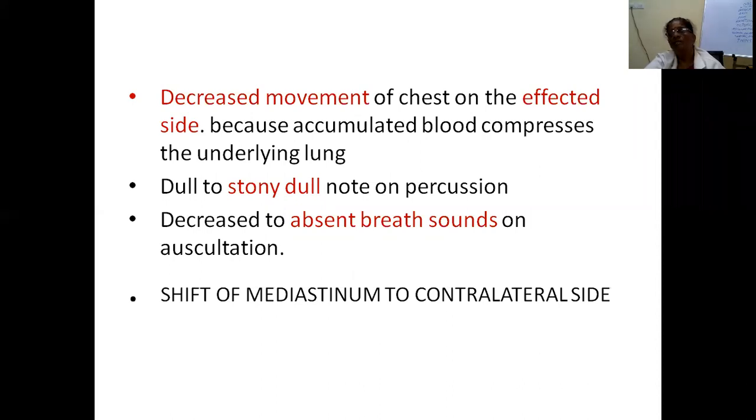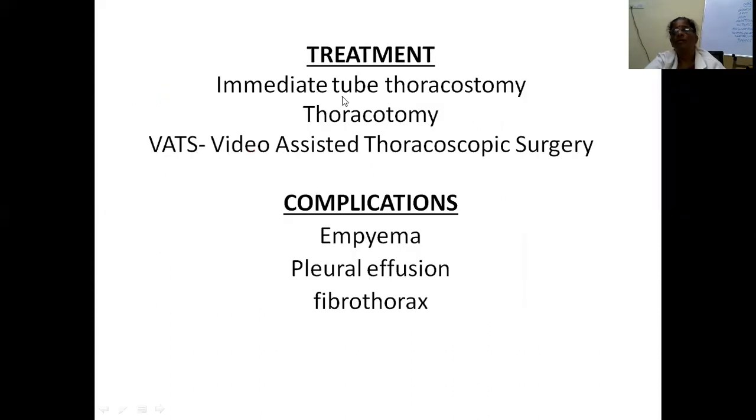So there will be decreased movement of the chest on the affected side. There is a stony dull note on percussion, and there will be absent air entry. Shift of mediastinum to the contralateral side also may occur because of the accumulation of a large amount of blood. The treatment is immediate tube thoracostomy. There is no other treatment. We should not do aspiration for hemothorax.